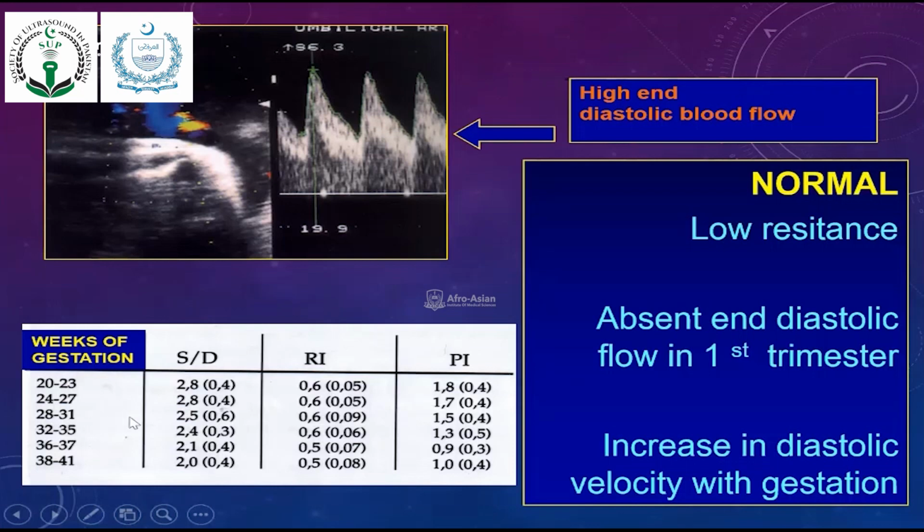At 28 to 31 weeks, 2.5 is the SD ratio, RI is 0.6 and PI average will be 1.5. So PI is decreasing with age, whereas RI remains almost 0.5 to 0.6. SD ratio must be above 2 and less than 3.